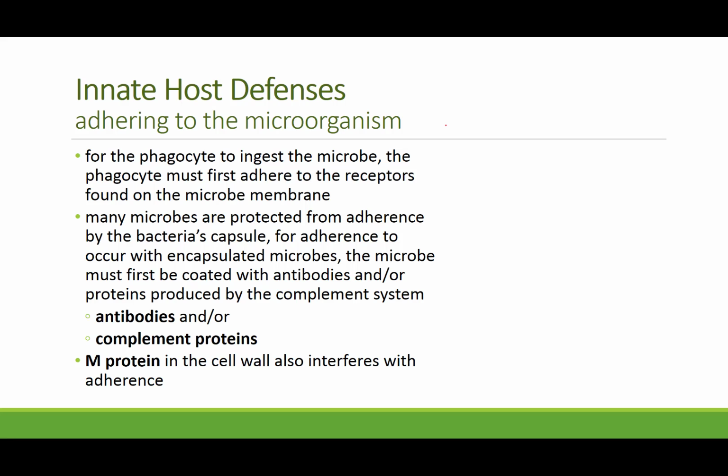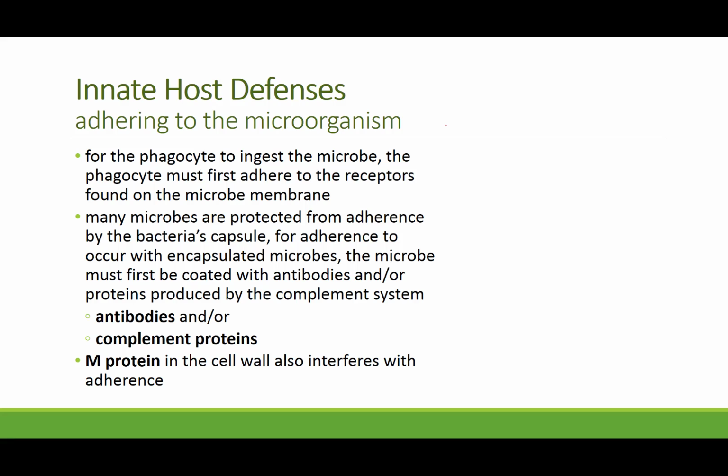So the capsule, remember, the capsule is this gooey layer outside of the cell wall. That capsule can interfere with the ability of the phagocyte to bind, and so encapsulated microbes may be somewhat protected.